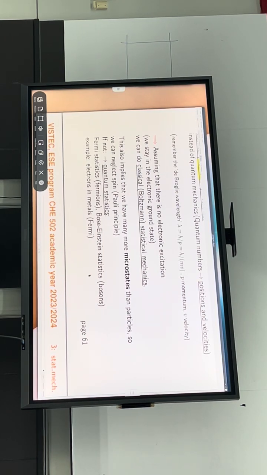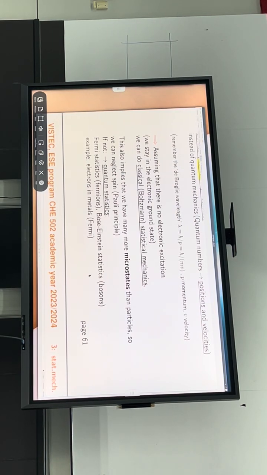So if somewhere in a book you see the term Boltzmann statistics, you know this is statistics where the spin is not taken into account, where the spin is forgotten. And if you see Fermi statistics or Bose-Einstein statistics, you know that the spin plays a role.